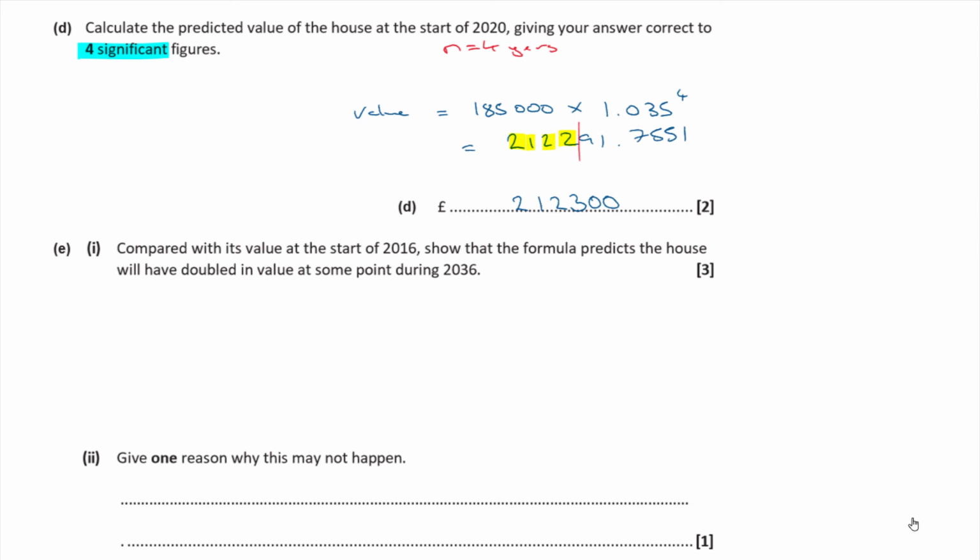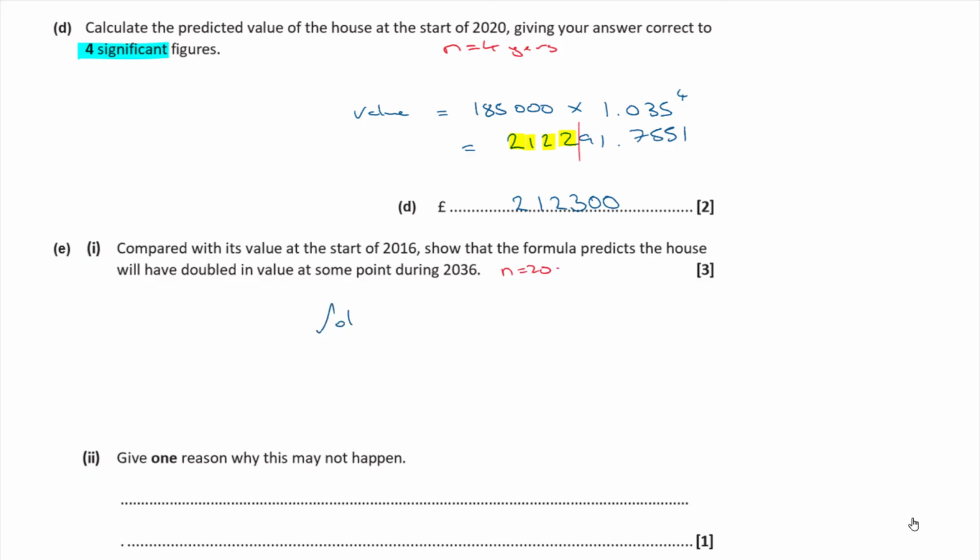Right, compare with the value at the start of 2016 to show that the formula predicts the house will have doubled in value at some point during 2036. So in 2036, n is equal to what? That's 20 years, isn't it? So in 20 years' time, what is the value?